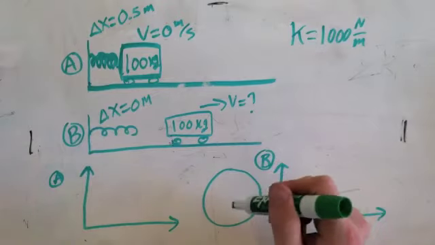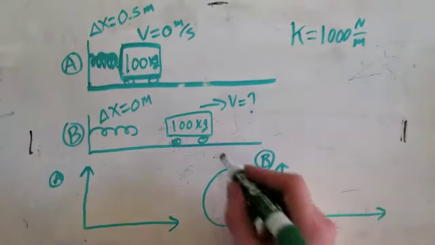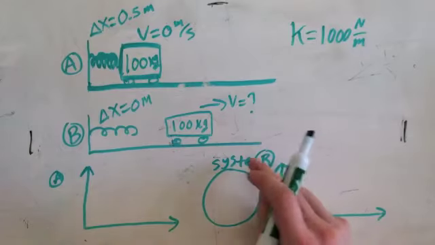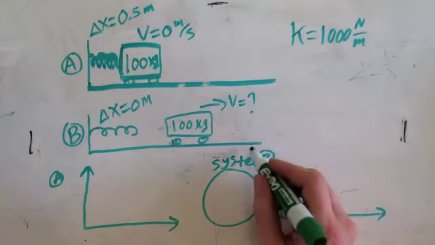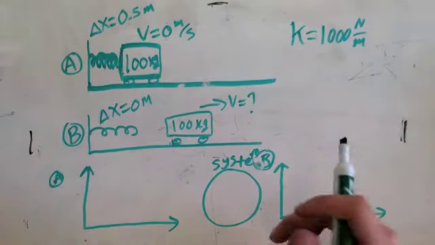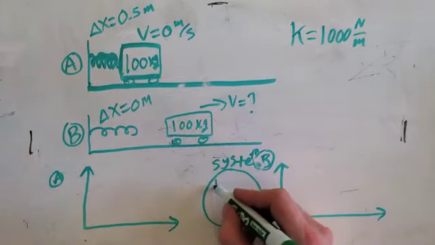Inside this circle is where we list all of the objects in the system. And what I mean by system is that it's all of the objects that will contain energy. We pick the system. So for this situation, I'm going to pick the Earth.